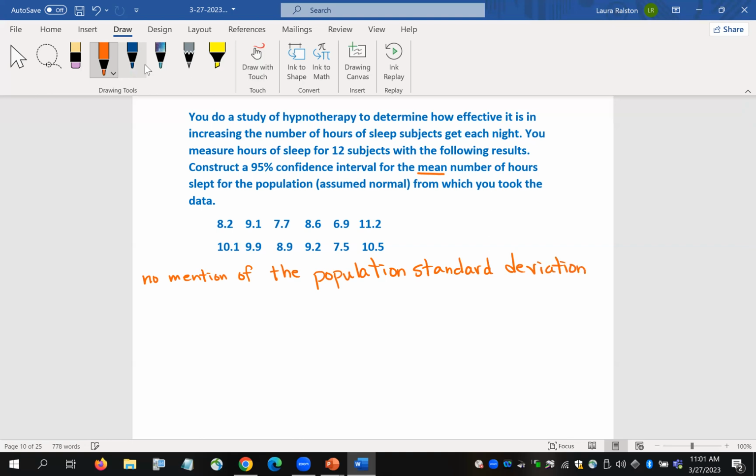Okay. But there's also no mention of the sample standard deviation.